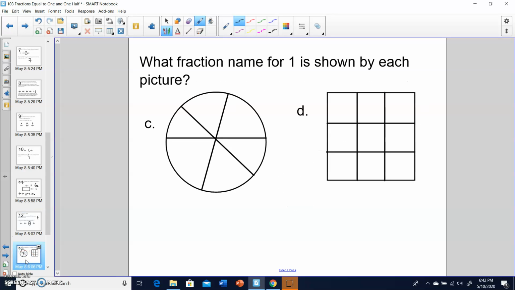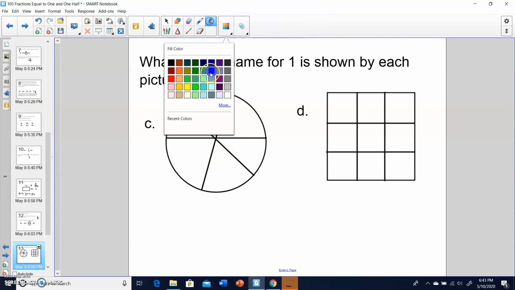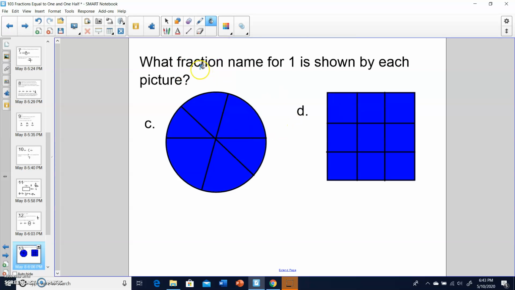What fraction name for 1 is shown by each picture? In the book, all of these are shaded, so we're going to imagine that this whole thing is shaded. Okay, so what fraction name for 1?